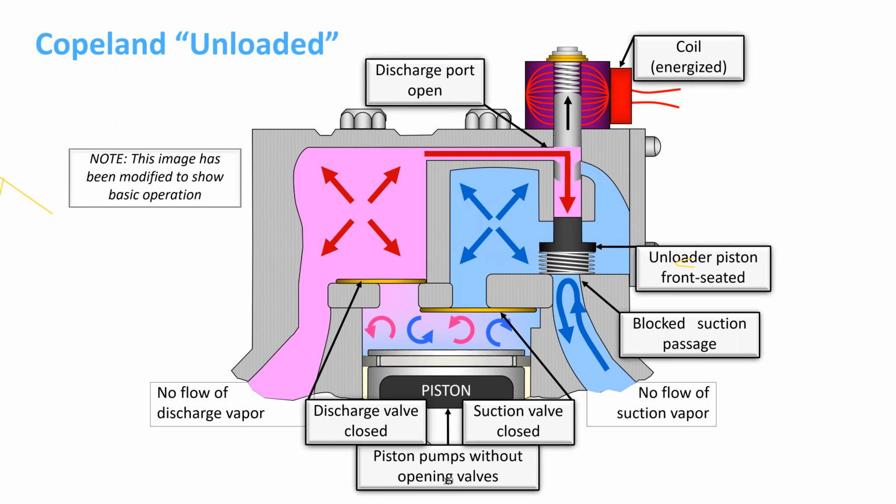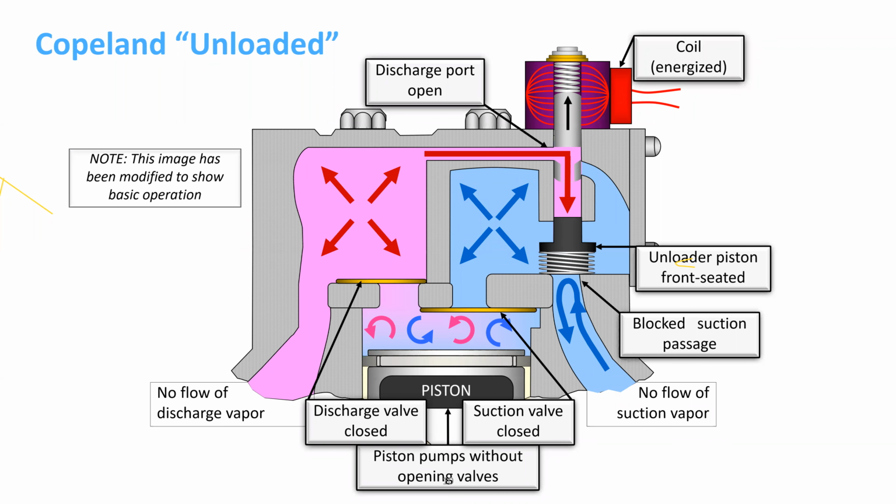Now, one of the things you can find in the field is when a compressor is unloaded, if it's running abnormally hot while it's in unloaded mode, you most likely have either a bleeding discharge reed, or sometimes your unloader piston doesn't seat all the way, and a small amount of suction is being pulled into the cylinder, and the compressor is doing a minute amount of compression and working.